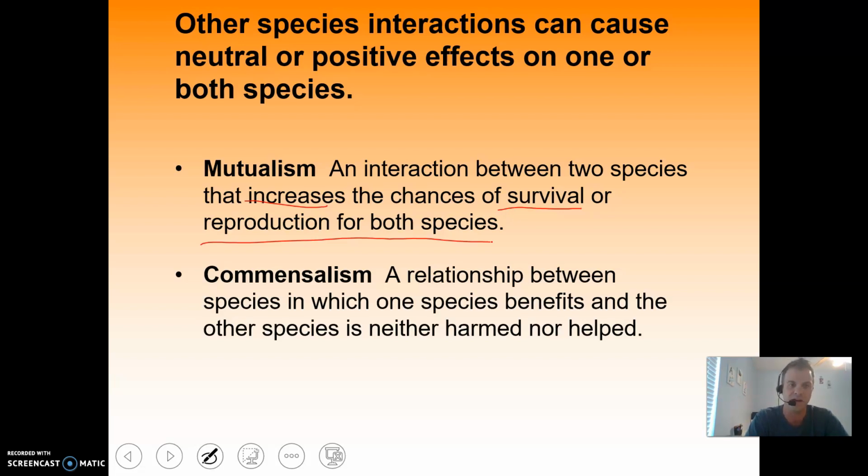and the fish gets the food. You've also got commensalism. Commensalism is a relationship between species in which one species benefits and the other species is neither harmed nor helped. You could think of this as being like a clownfish and an anemone. Did I say that right? An anemone. Okay.